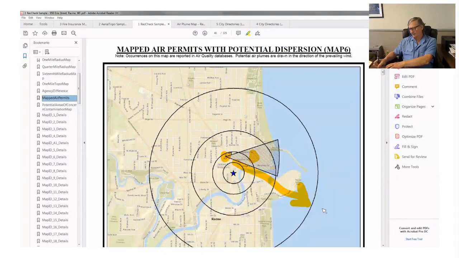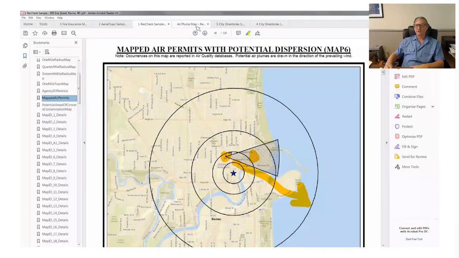Cleaners. Northwest. 21 feet higher. Now right there is another fact for the potential of vapor intrusion. Remember, we don't have to prove that they've done anything in our way, but that's a potential for vapor intrusion.